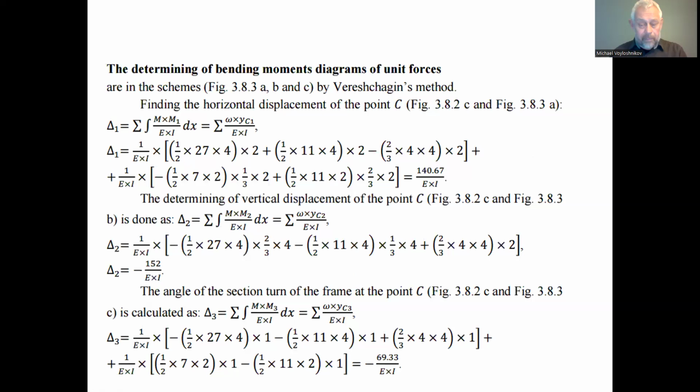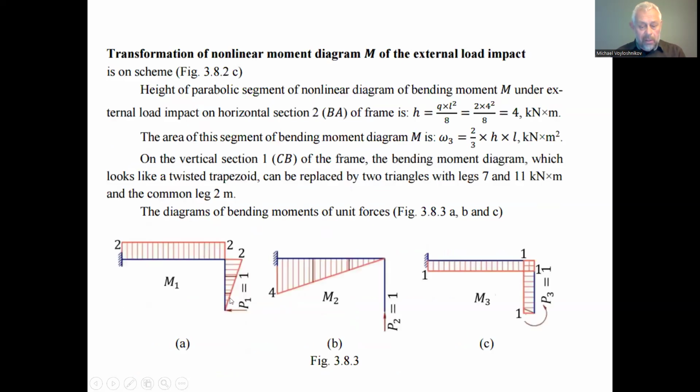And multiplied by 2, the magnitude of the bending moment for element AB of the mechanical system on behalf of the action of the unit force applied at point C in the horizontal direction.